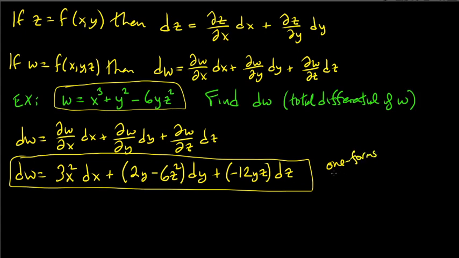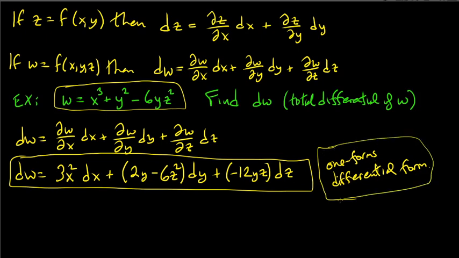So if I ever refer to something called a differential form, this is an example of what's called a differential one form, or just a differential form in general. And you can have two forms and three forms, but that's way beyond what we want to do here. So this is in some of your futures if you go on to higher level mathematics.